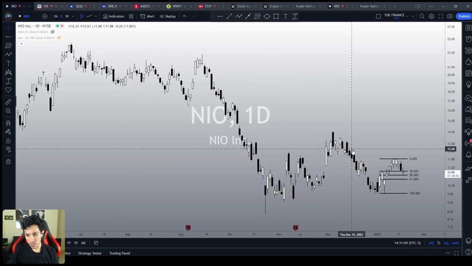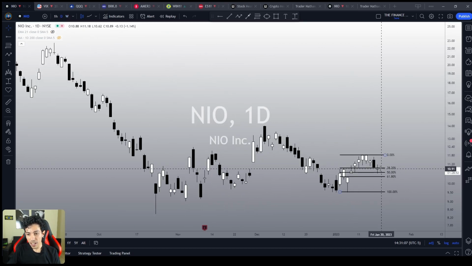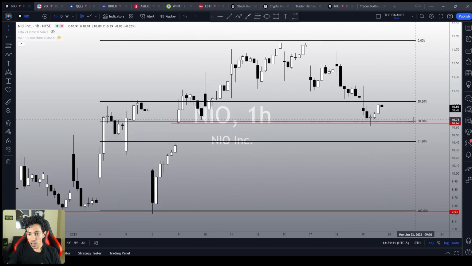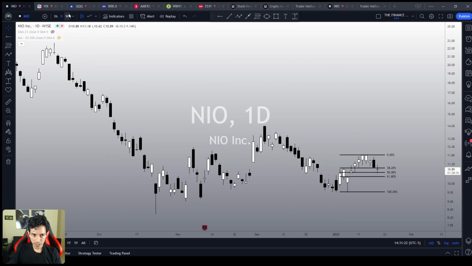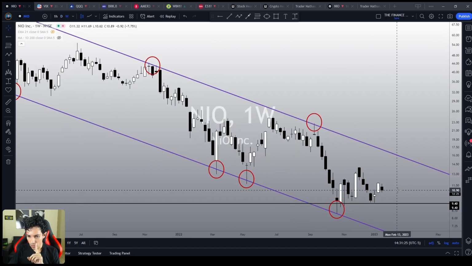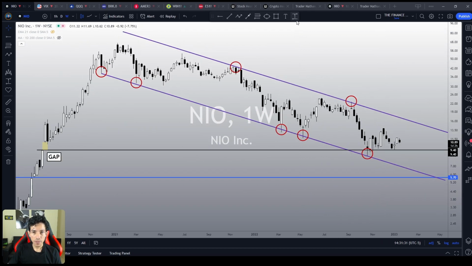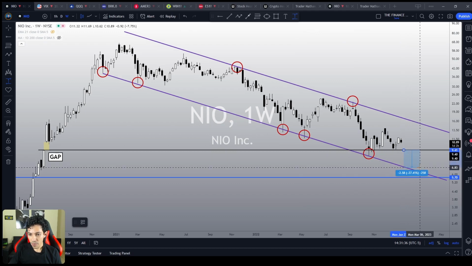If NIO loses its retracements over here in the daily chart, if NIO actually loses the $10.66, which, coincidence or not, is the 50% Fibonacci retracement over here, I do believe we are going to retest $9.40. We are going to retest $9.40.